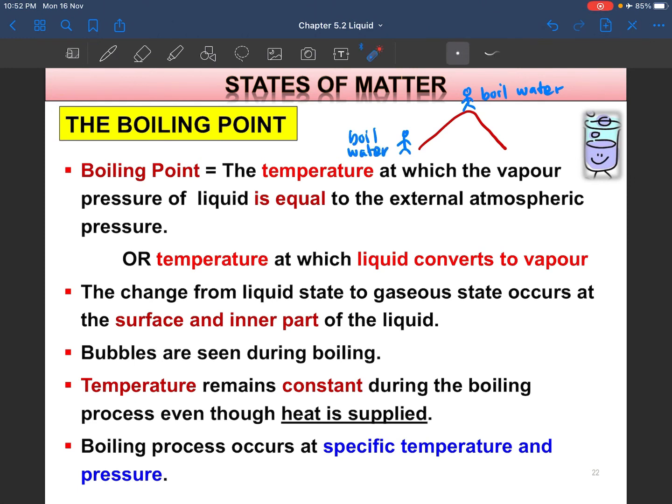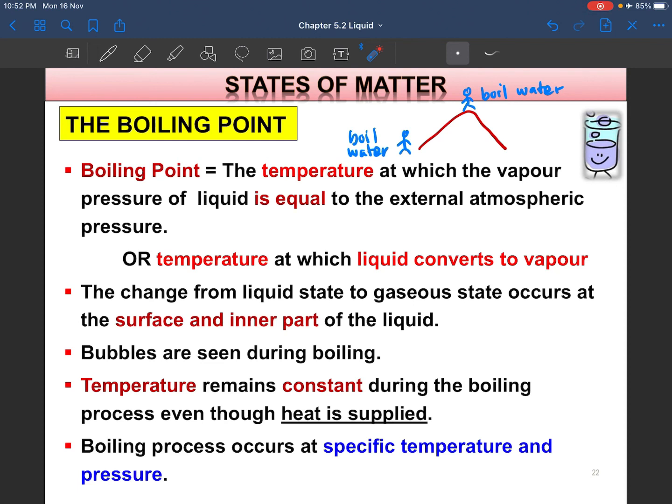Kamu rasa temperature at which the water boil untuk atas Gunung Kinabalu dengan temperature at which water boil dekat sea level yang biasa ni sama ke tak? Okay, so the answer is tak sama lah.